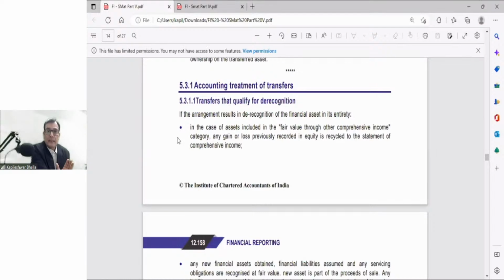Okay, so let me come back to the study material. I'm looking at unit number 5, and in unit number 5, we are given 3 sections within the accounting. So page number 12.157. And you can see the very first case which says transfers that qualify for derecognition.